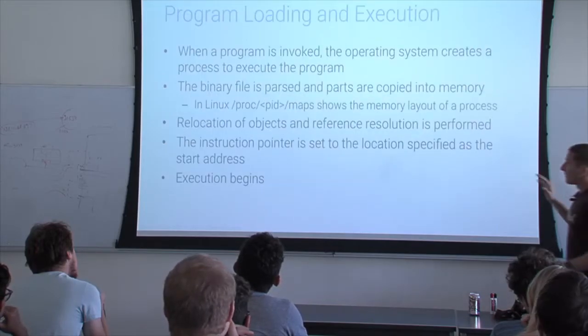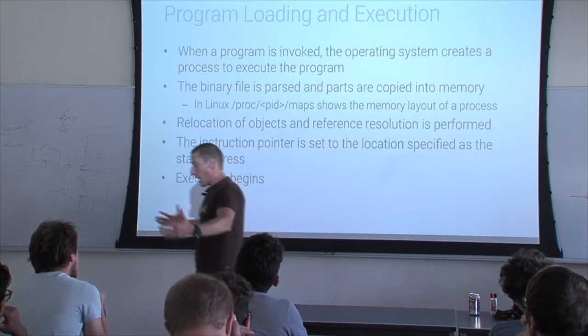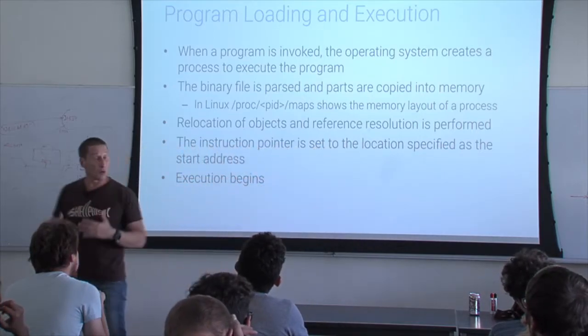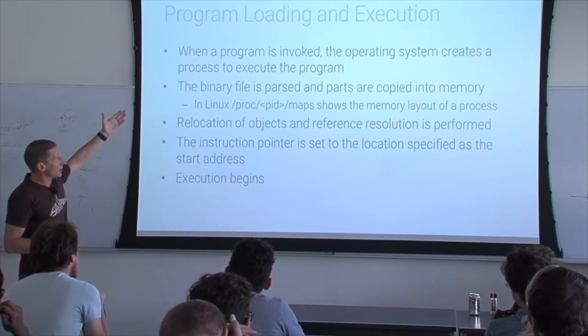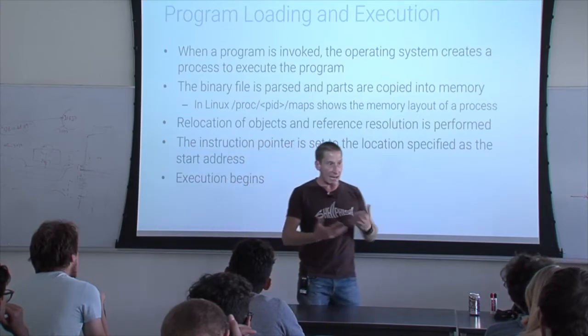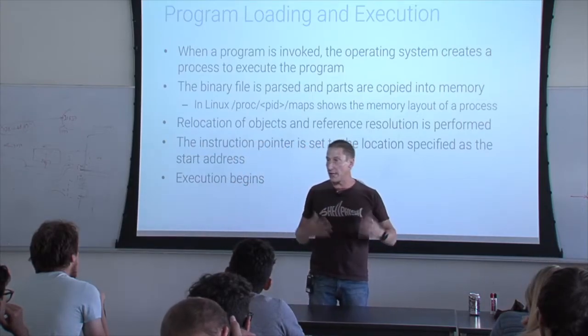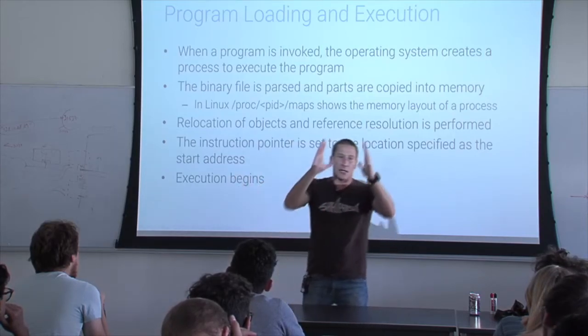So we talked about how the code is put together, how it works. When you invoke a program, the operating system takes the ELF image and decides how to load it into memory. It takes all this information about the ELF and decides, oh, this segment goes here, this other part goes here.